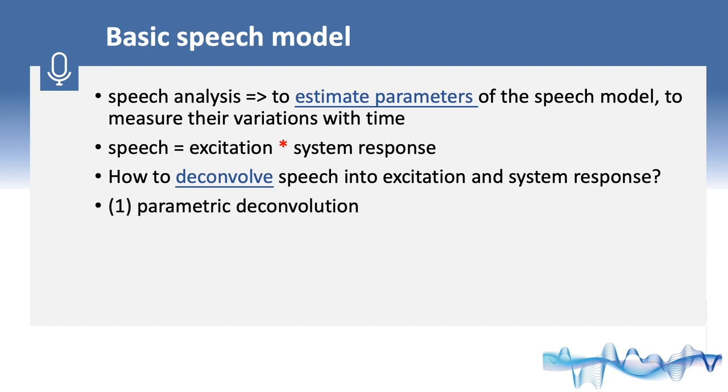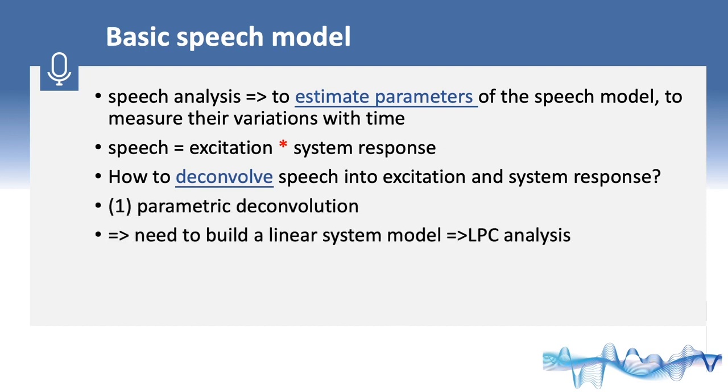One method is to build a model for the linear system and to express the system with model parameters. This method is called parametric deconvolution. Linear predictive analysis belongs to this kind of method. Another method is non-parametric deconvolution.